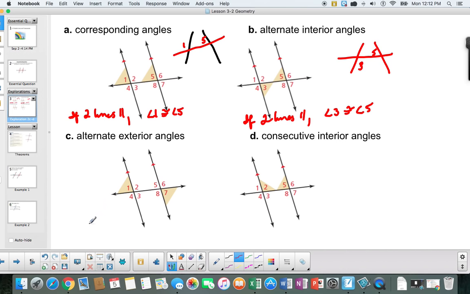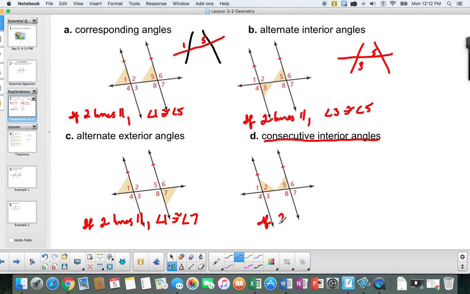And the same goes for all of these others. Once the lines were parallel, we found that these pairs of angles with these names, alternate exterior and alternate interior, end up being congruent. Now this was the only one that did not end up being congruent.